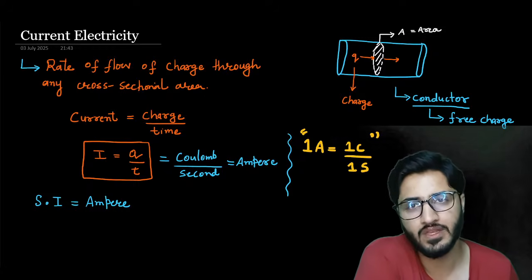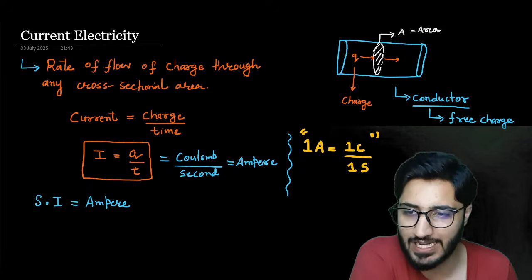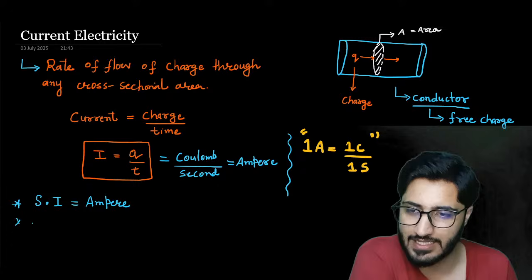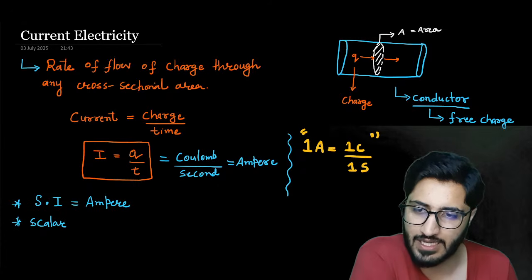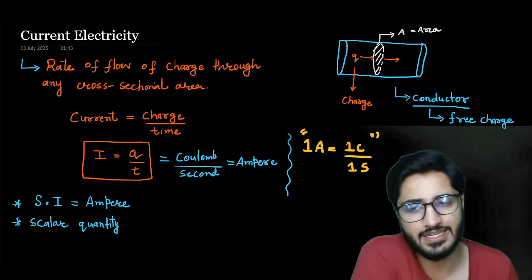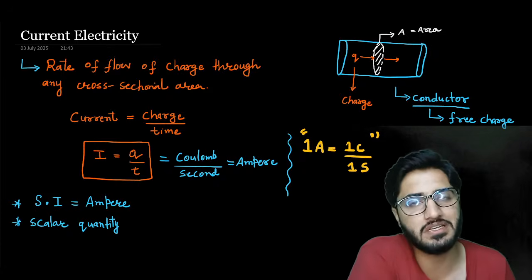Done. Now, which quantity is current? So current is a scalar quantity. Done? Current is a scalar quantity. Sir, how is current a scalar quantity?